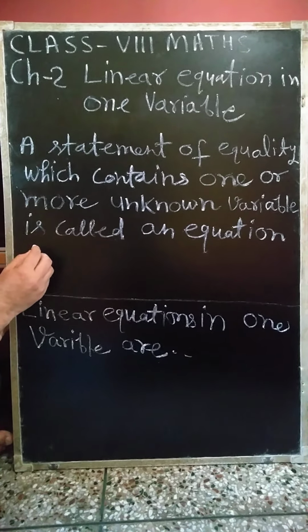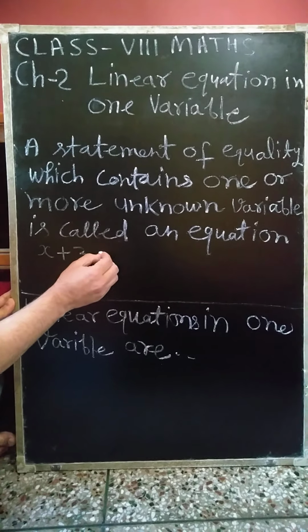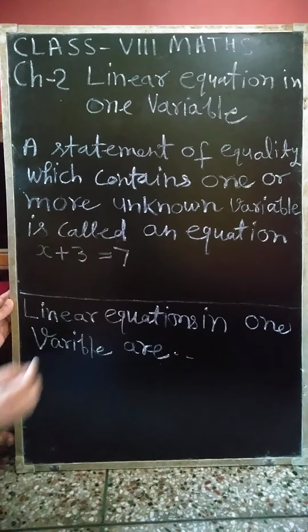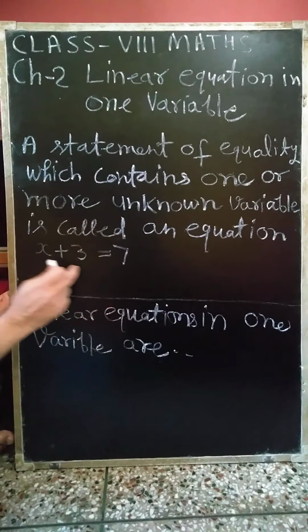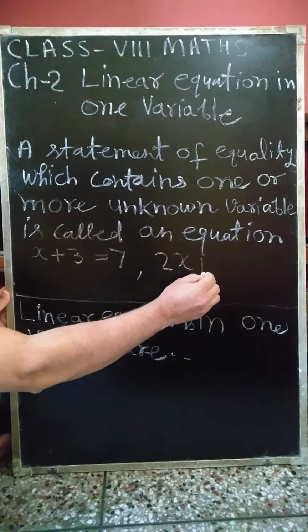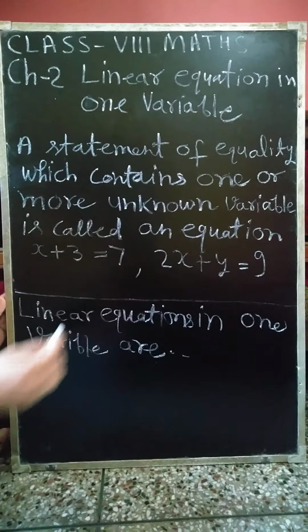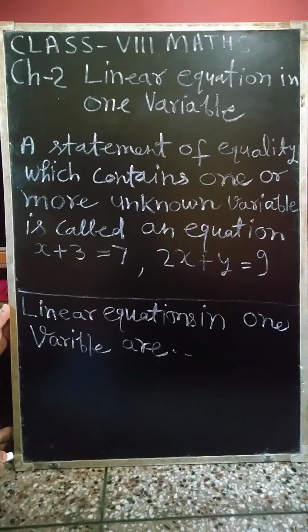For example, x plus 3 equal to 7 is an equation. 2x plus y equal to 9 is an equation.